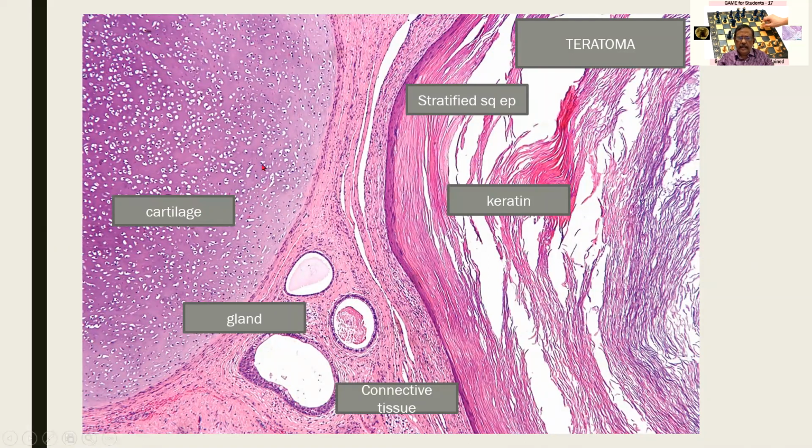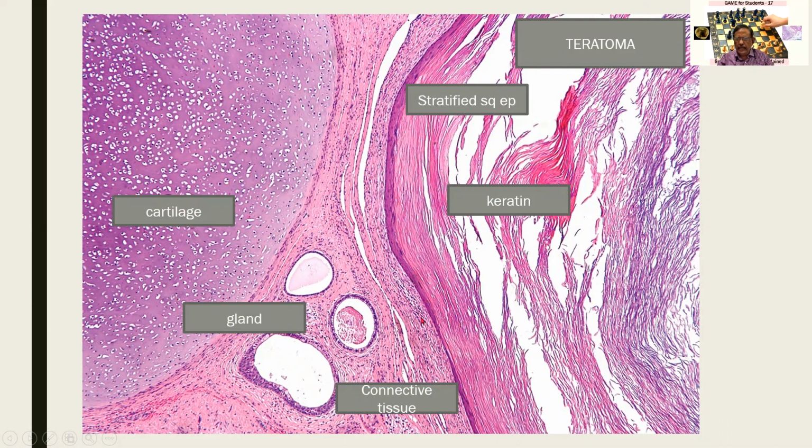This is yet another slide of a teratoma. In this, I am finding a large island of cartilage composed of mature chondrocytes surrounded by chondroid matrix. And there is also a stratified squamous epithelium that is lined by keratin. Laminated keratin, that is layers of keratin, can be seen in this.